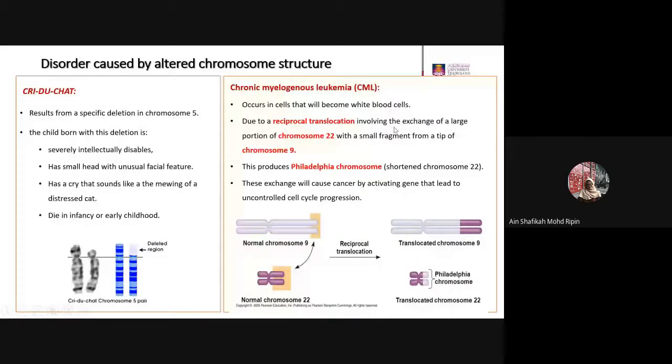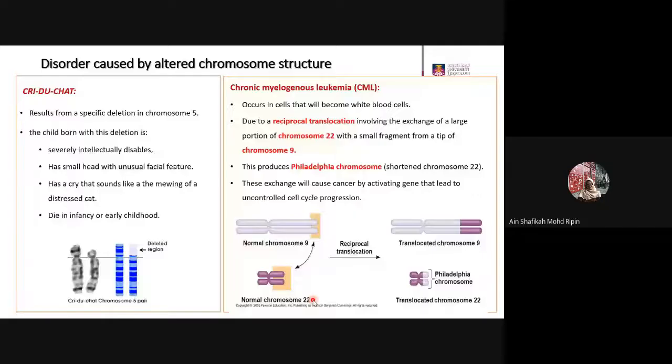Okay, chromosome 22, large segment of it is exchanged with the small segment of chromosome 9. So in this case dia menyebabkan boleh berlakunya kanser.